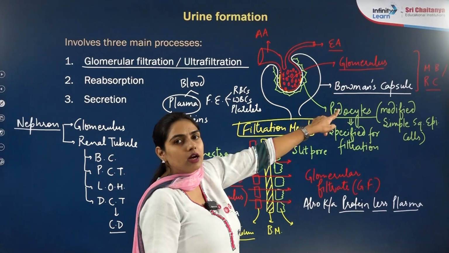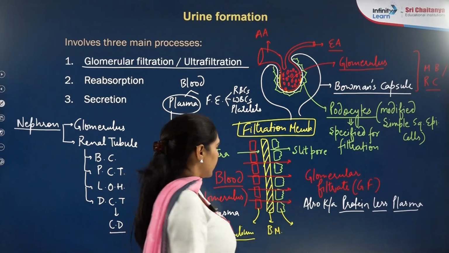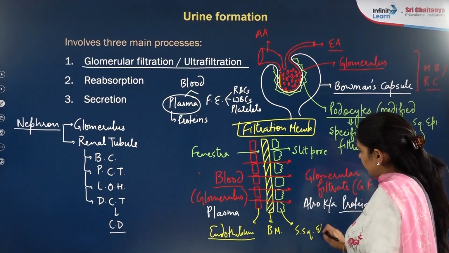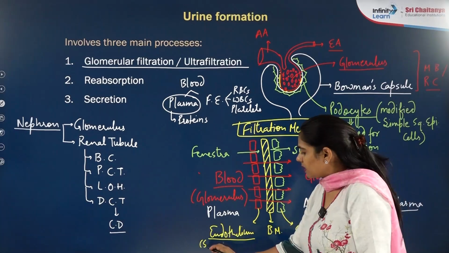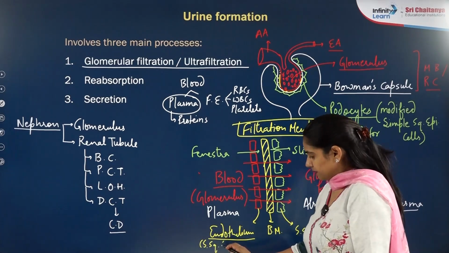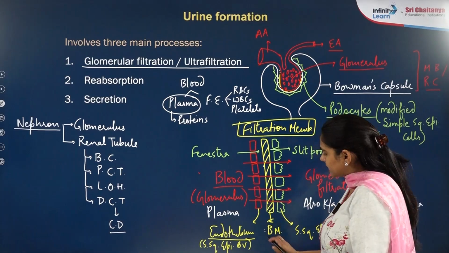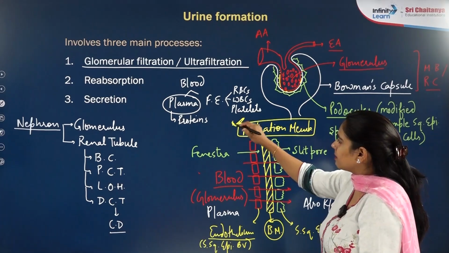The cells are known as podocytes because they have foot-like appendages. This is the simple squamous epithelium of Bowman's capsule, this is the simple squamous epithelium of the blood vessel, and this is the basement membrane. These three layers make the filtration membrane.